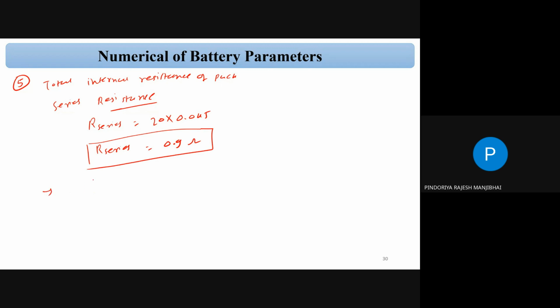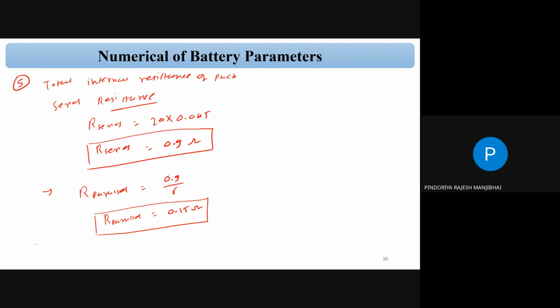And what about the parallel? R parallel is 0.9 divided by the total cells connected in parallel. So R parallel is equal to 0.9 divided by 6, which is 0.15 ohm.